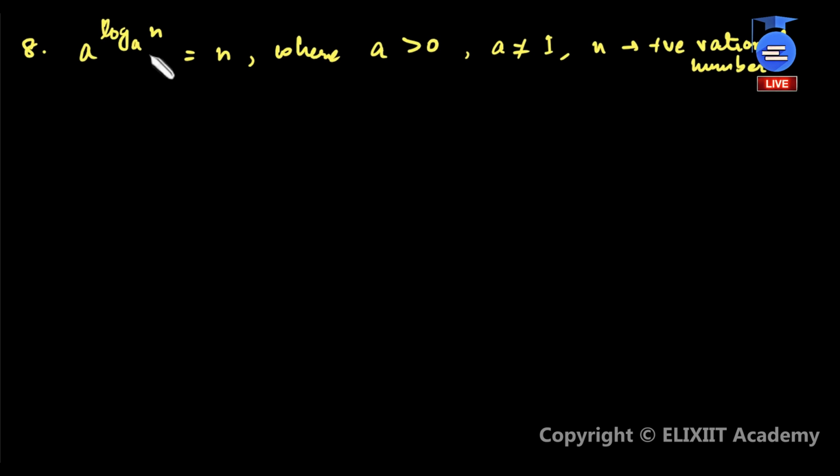If you take log both sides, then this power will come down. So you will have log n base a into log a equals log n. That's how you are simplifying. Or if you don't want to do so, just transfer this log n base a, consider it to be some value, and try to simplify this.